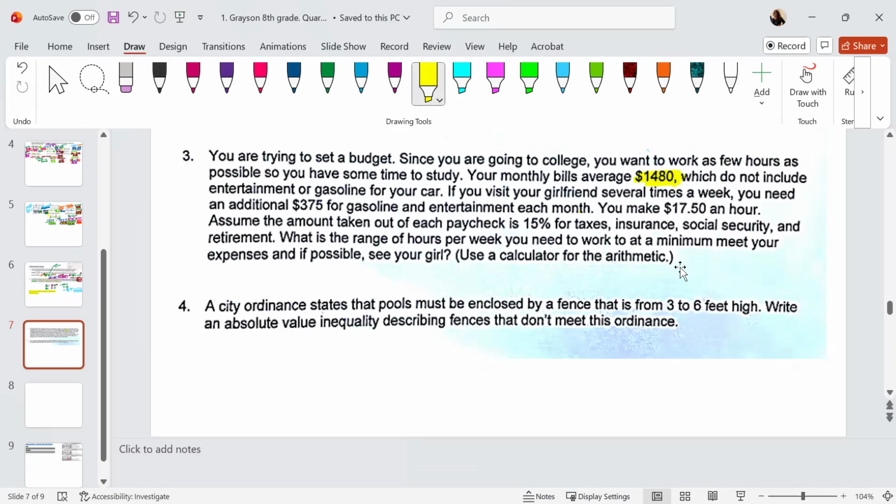That's your bill, 1480 a month. 375 a month. So when you add everything together, what is it? What's the total expense? Add them together. You have a calculator.